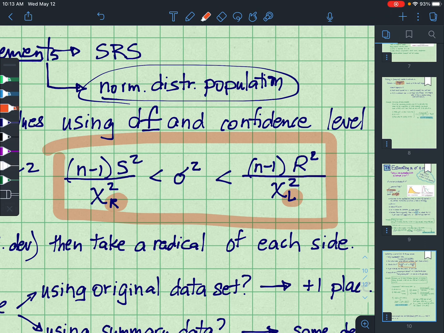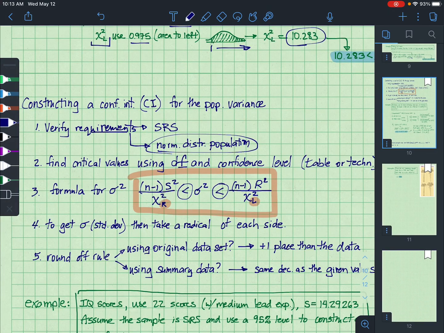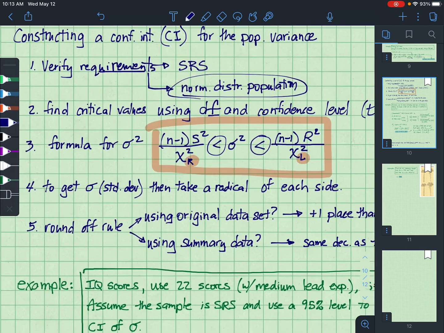It feels like the wrong sides, but because you're dividing by a smaller number, the critical value that's on the right side should be bigger, correct? And the value that's the larger one in the denominator would naturally then be on the smaller side, because that's going to make the number smaller. Hopefully that made some sort of sense, that you saw kind of the contradictory nature of that, but that's why it is that way.